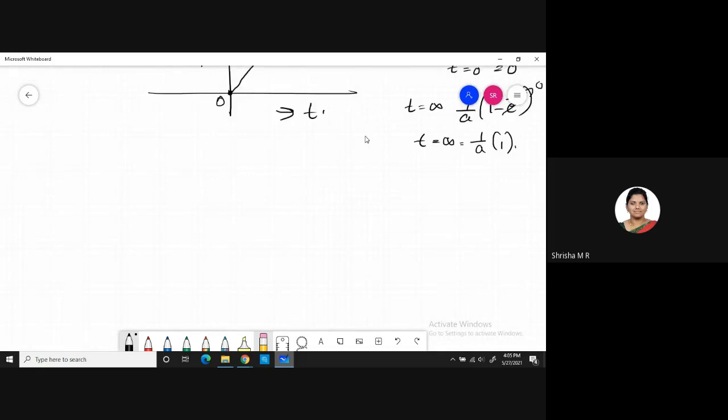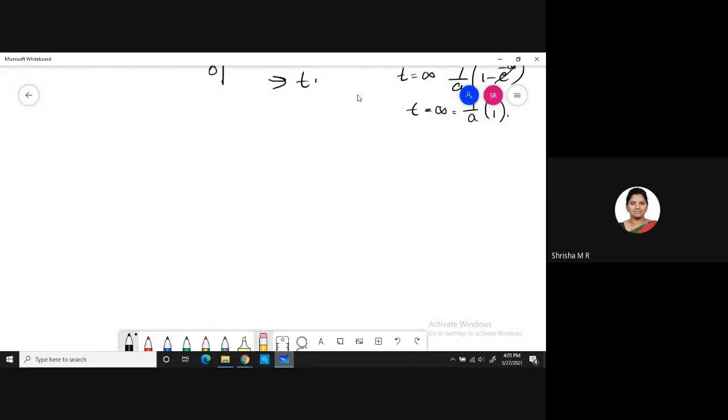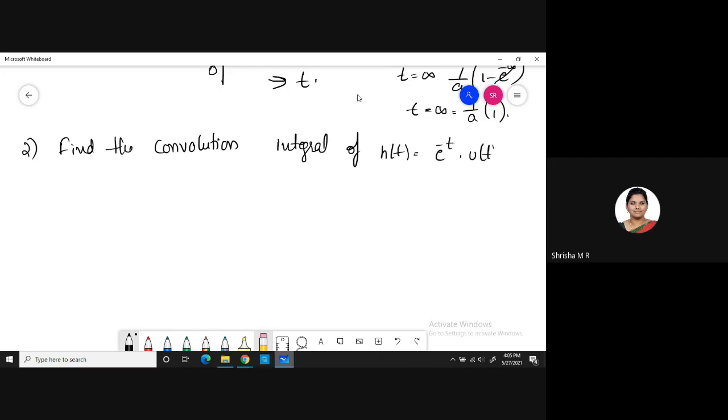Yes, ma'am. If it's clear, we can go to the next problem. Find the convolution integral of h of t, where h of t is equal to e power minus t into u of t, and x of t is equal to e power minus 3t into u of t minus u of t minus 2.